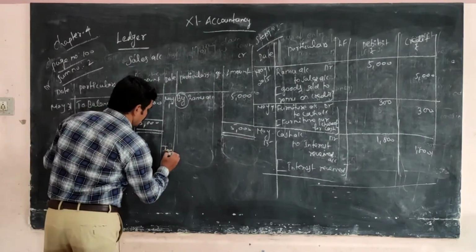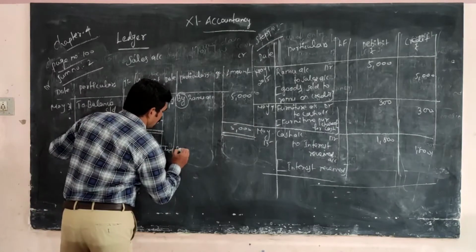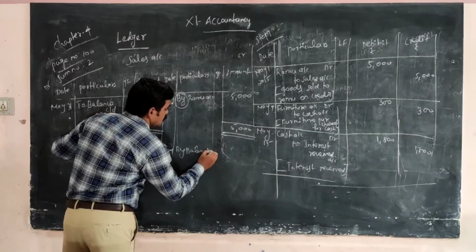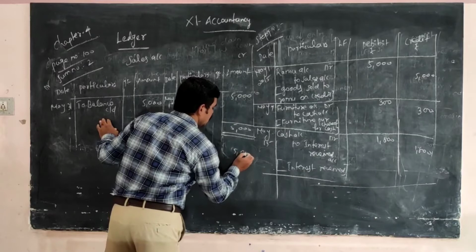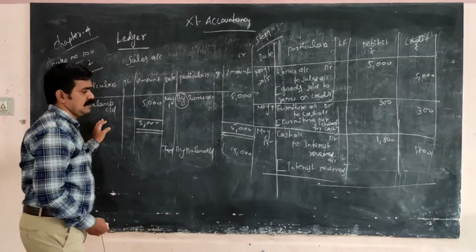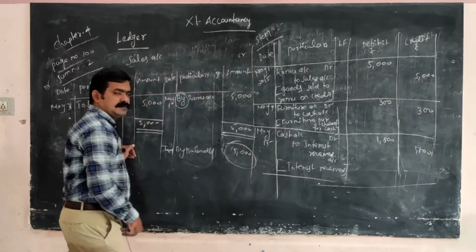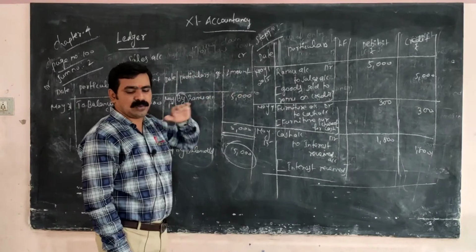So June 31st, here only the balance is carried on. So by balance brought down, the amount is 5,000. Okay, this is the opening balance. So the ledger for the first May 1 transaction is over.